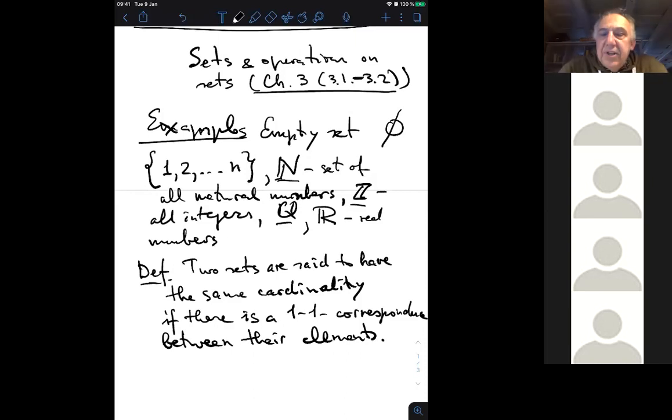But in general, if sets are infinite, for example the set of natural numbers or the set of real numbers, we cannot talk about the number of elements because it doesn't exist. It's infinite. But infinite sets can still have different cardinalities, different numbers of elements, so to say.